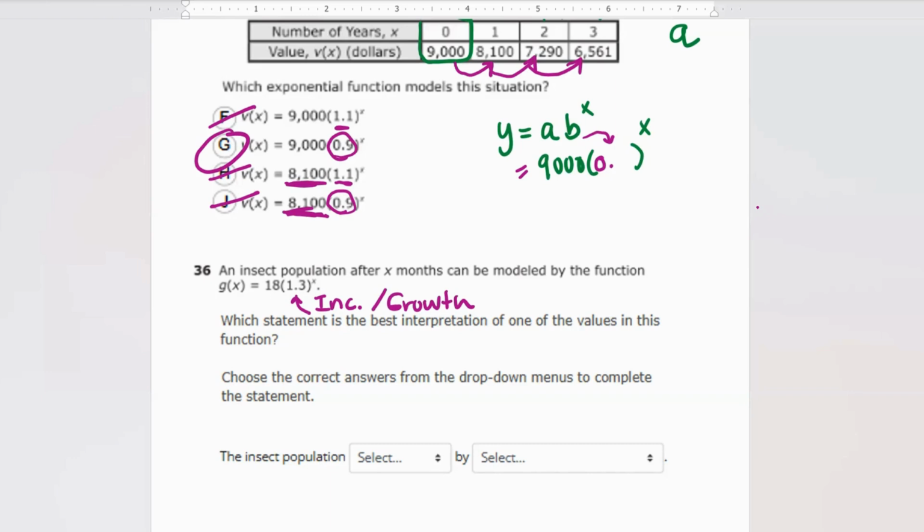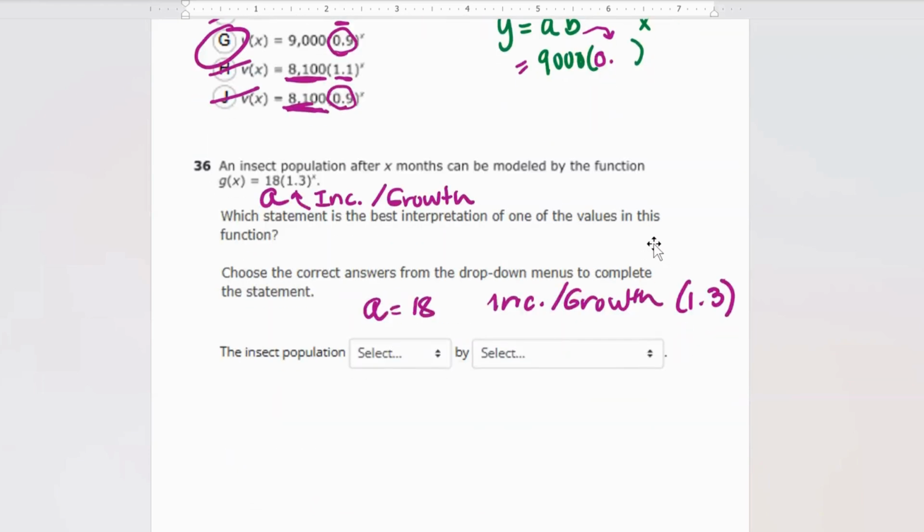Choose the correct answer. I guess the selection here is that a is 18 and it's increasing or growth, because of the 1.3. So that's how you analyze the problem. Thank you.